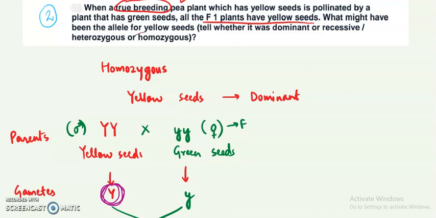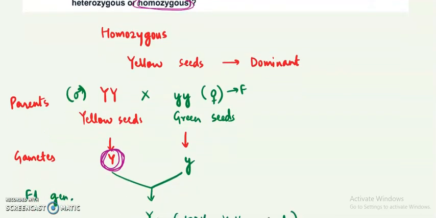And whether it is homozygous or heterozygous, it would definitely be homozygous. You also know that in the F1 generation of the monohybrid cross, out of dominant and recessive, only one trait gets expressed, and that is the dominant trait.